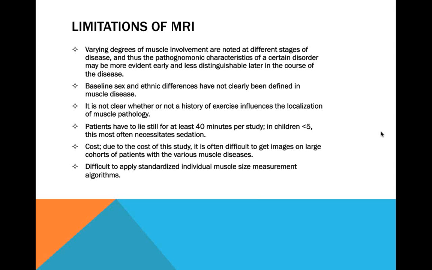For example, we had a patient that we saw with LGMD2L, or it's an ANO5 gene mutation, or an anoctaminopathy, and this was a brother and a sister with the same mutation, but the brother was far more affected than the sister clinically.